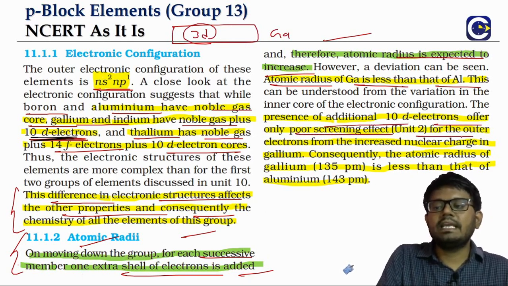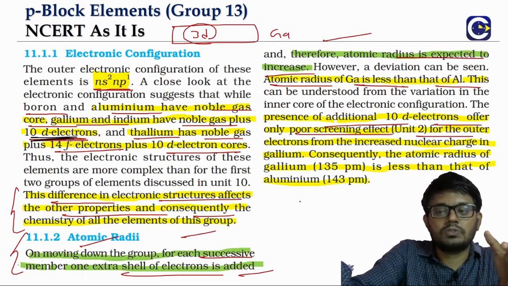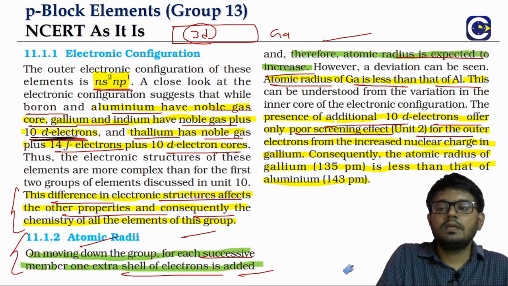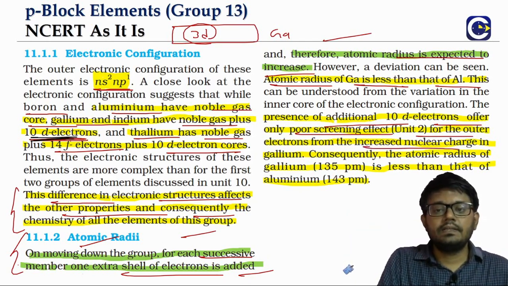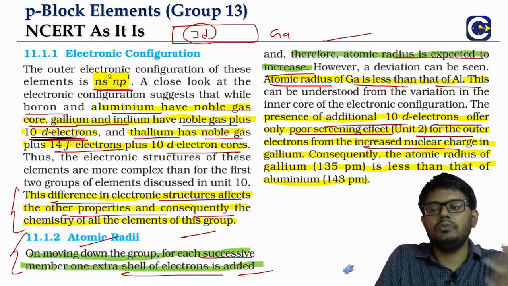They have poor screening effect. They are not able to shield the outermost electron, which means the outermost electron will come under so much influence of the increased nuclear charge, which pulls the outer electron so much that the size of gallium becomes less than aluminum.